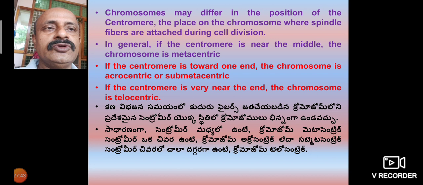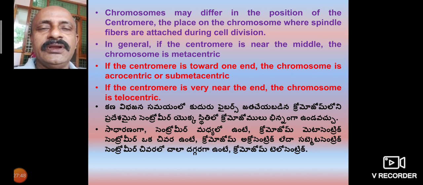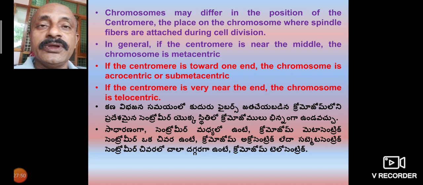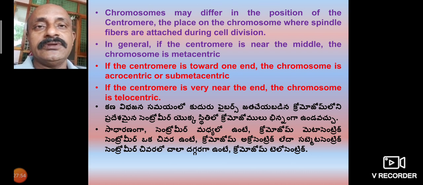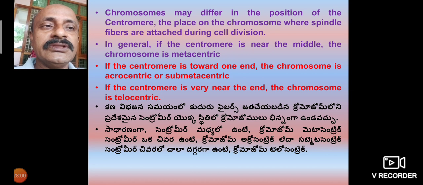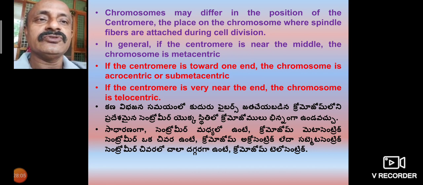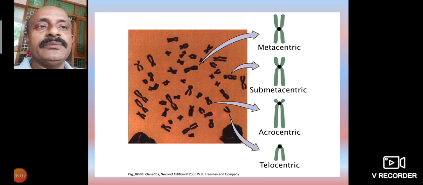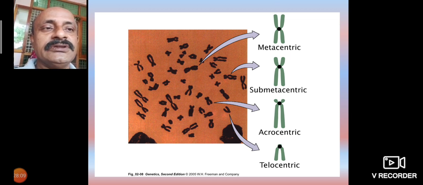If the centromere is towards the end, the chromosome is acrocentric. So depending on the centromere, chromosomes can be classified into four types: metacentric, submetacentric, acrocentric, telocentric. If the centromere is at the end, the chromosome is telocentric.